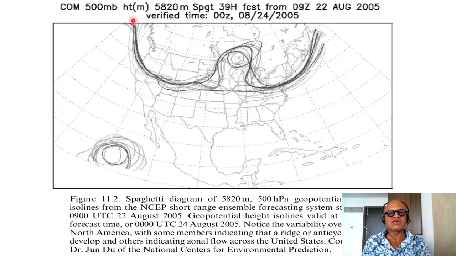And all I will say is that small differences end up producing some solutions that are smoothly going over the continent across, whereas some are producing a ridge or an anticyclone to develop. So you have to be sure that your ensemble system has enough range of solutions that you can issue reliable forecasts each time.